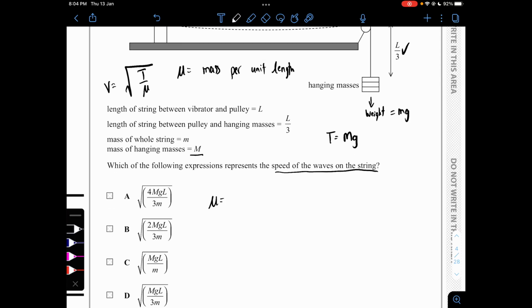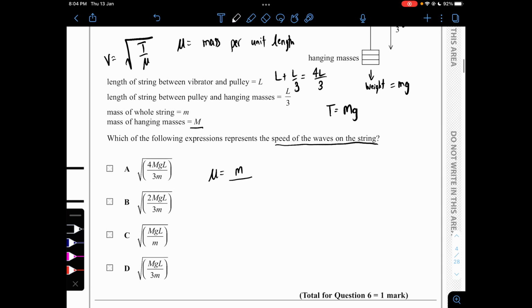So mu equals mass, and per means divide, per unit length, so that will be the addition of L plus L over 3. This will give us what? 4L over 3. And we're dividing by a fraction, so that's the same thing as saying M times 3 over 4L. So our mu is 3M over 4L.